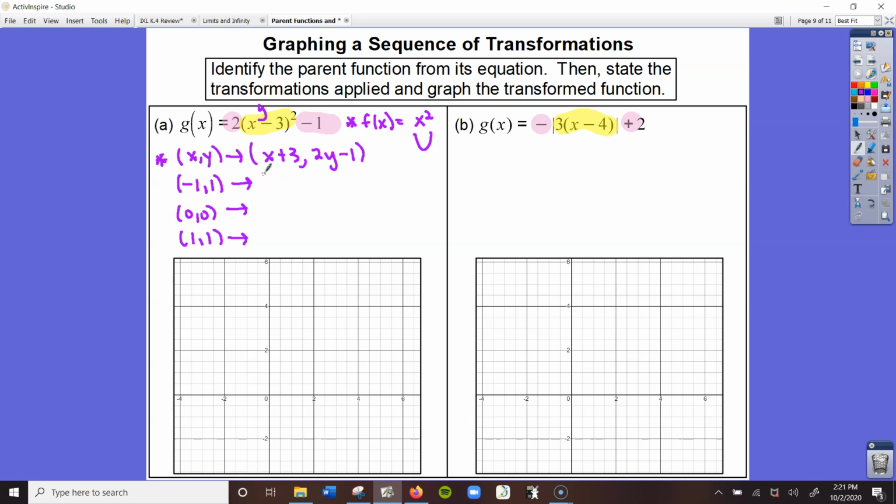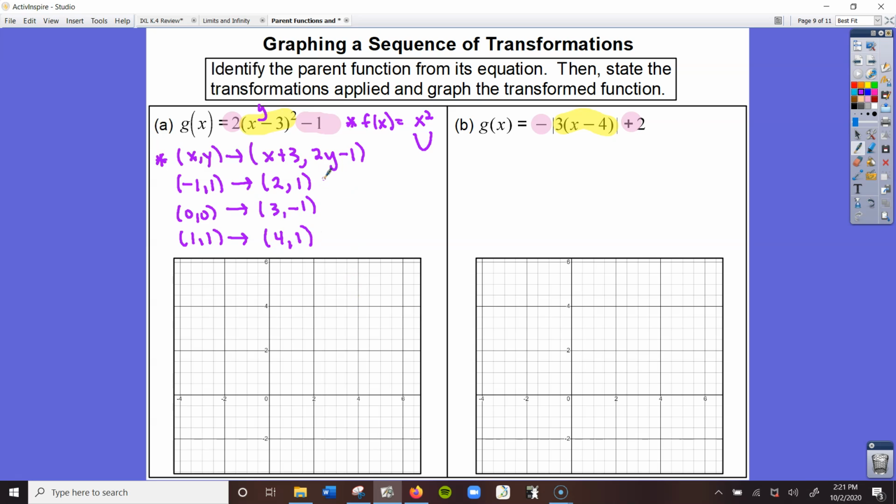So now I plug in those points. When you plug in (-1, 1), you would get (2, 1). When you plug in (0, 0), you get (3, -1). And when you plug in (1, 1), you would get (4, 1).